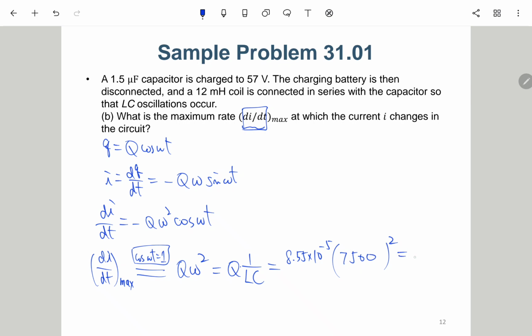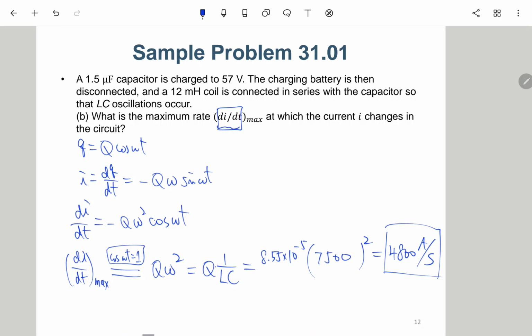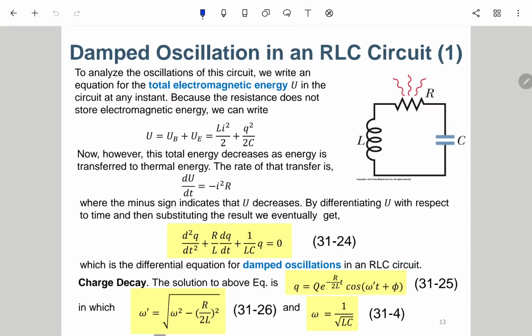And this will be nothing but 4,800 A per s. The SI unit is A per s, so 4,800 ampere per second. So this is the first sample problem.